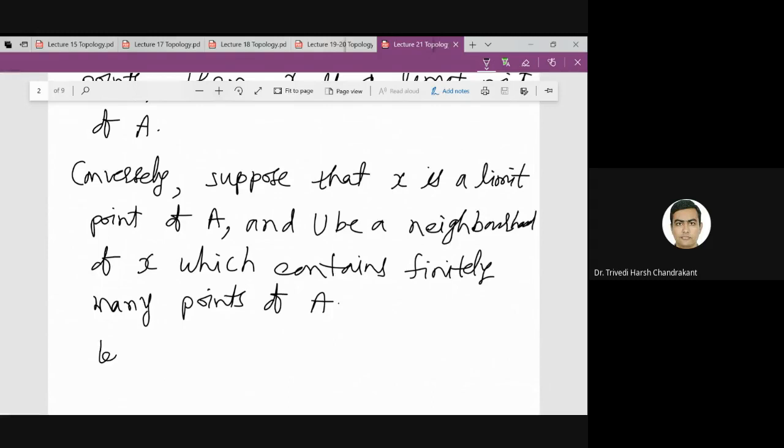So let us write down this finite intersection x1, x2, x3, because it is a finite set, I will stop at xm, which is, instead of U intersection A, I will write U intersection A minus X, because I don't want X to be in this set.